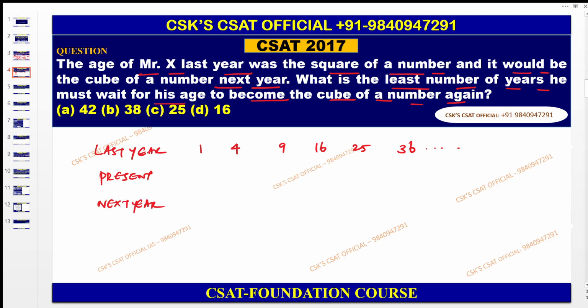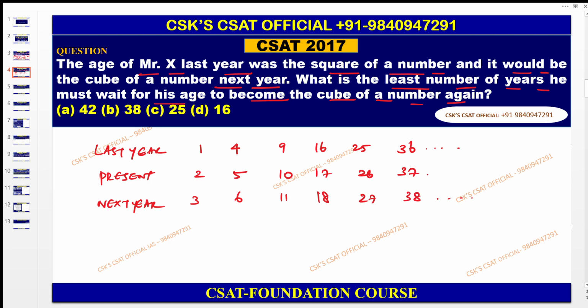Then the present year means you have to add 1: 2, 5, 10, 17, 26, then 37. Next year means present plus 1: so 3, 6, 11, 18, 27, 38.